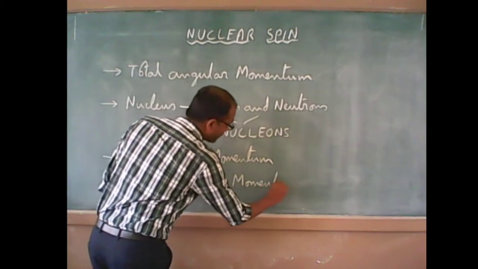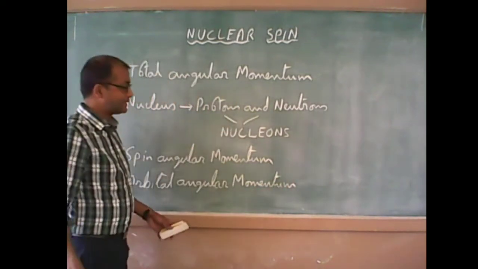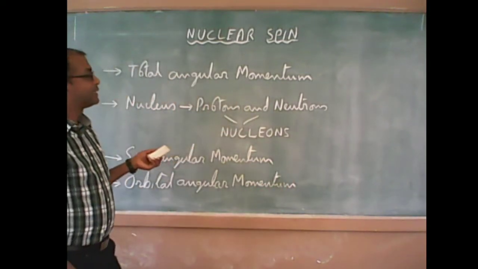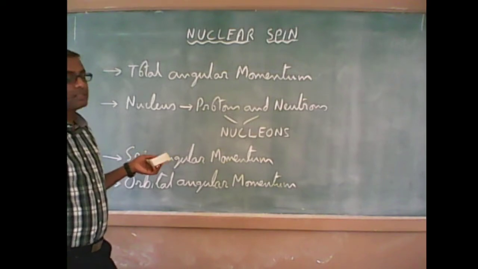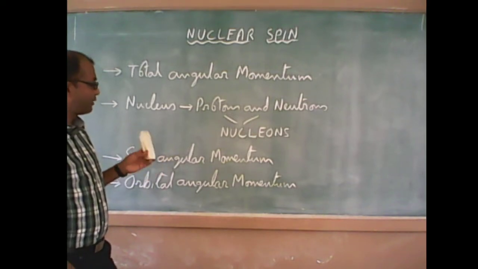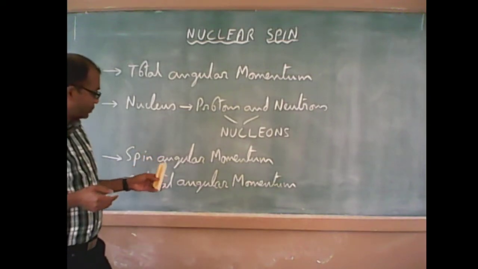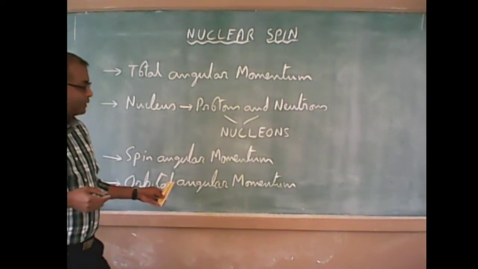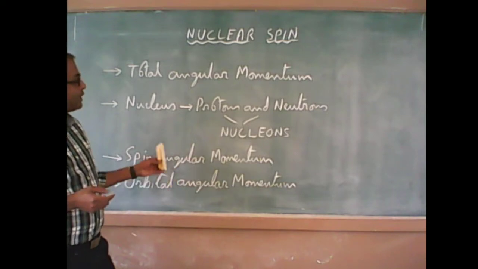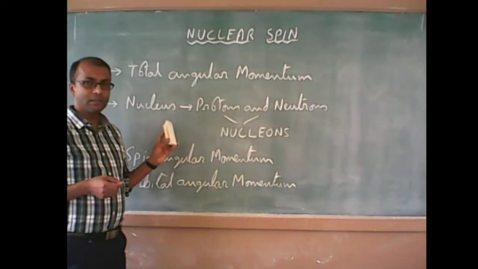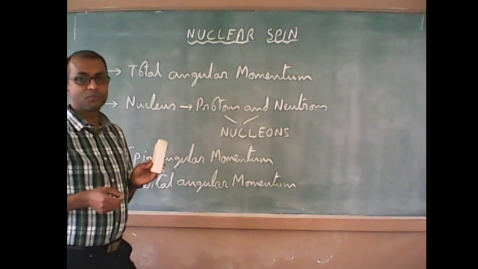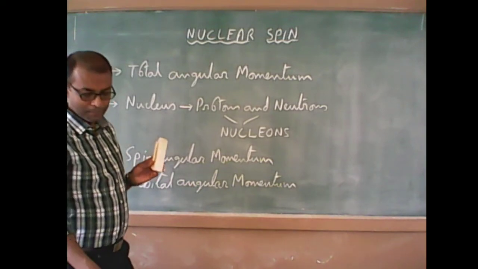So the point we are trying to make here is the protons and the neutrons inside the nucleus possess two kinds of angular momentum. One is the intrinsic spin angular momentum and also the orbital angular momentum due to the orbital motion of the protons and the neutrons about the center of mass of the nucleon system.